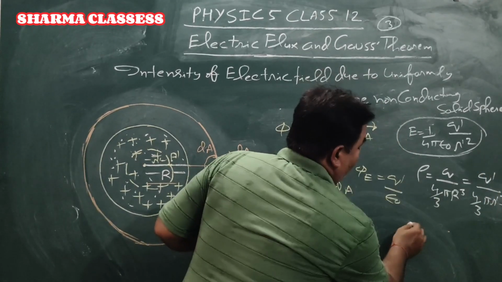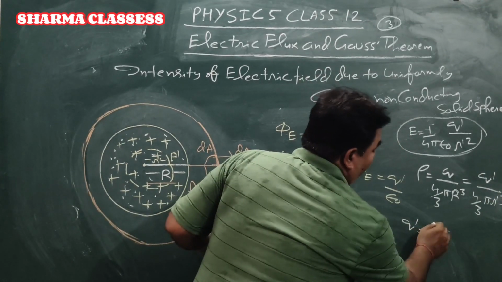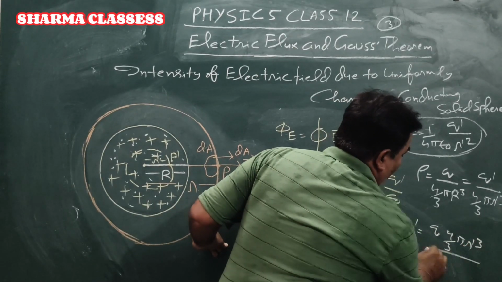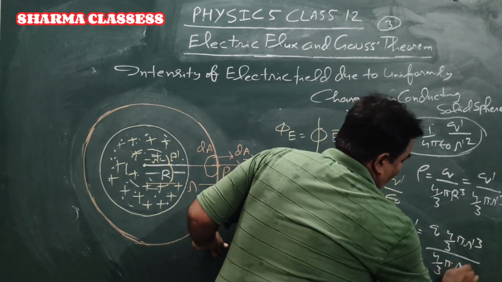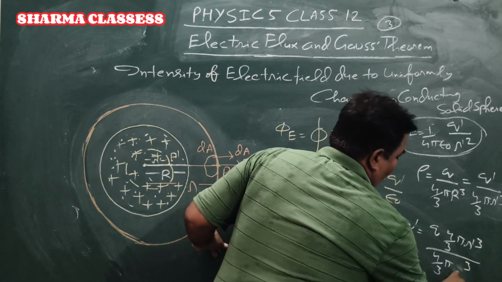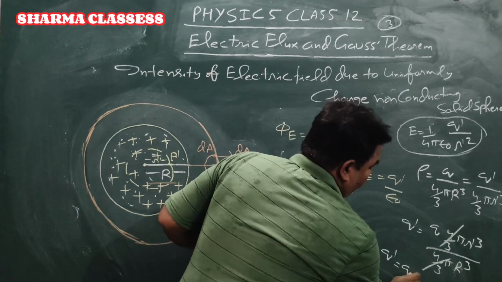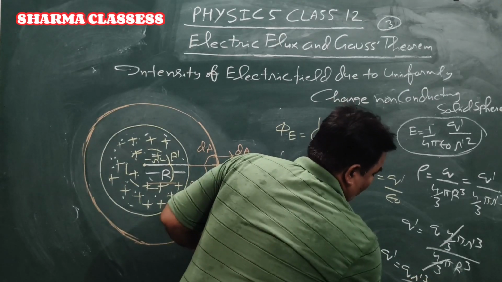So we find the value of Q dash. Q dash is equal to Q times 4 by 3 pi r dash cube upon 4 by 3 pi R cube. 4 by 3 pi cancels out. The value of Q dash is Q r dash cube upon R cube.